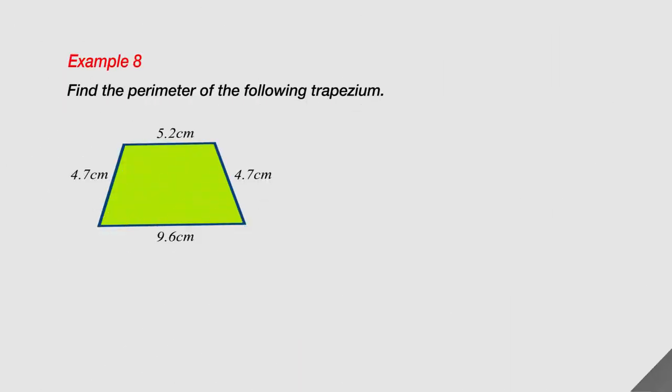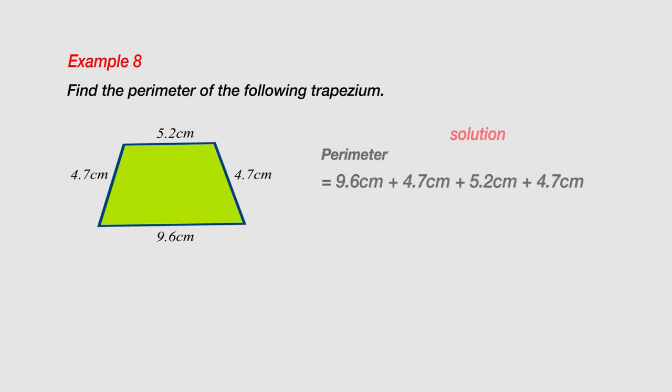Now, as you can see in the diagram, the trapezium has 4 straight sides. So again, we just add the lengths of all the 4 sides. So the perimeter of this trapezium will be equal to 9.6 plus 4.7 plus 5.2 plus 4.7 centimeters. And that gives us 24.2 centimeters.